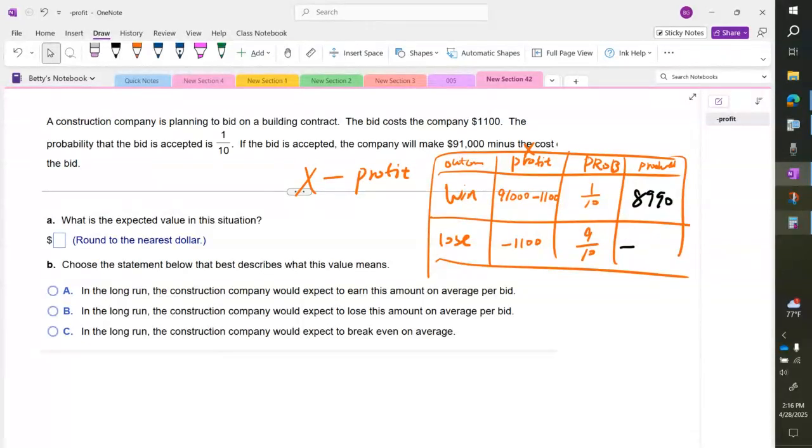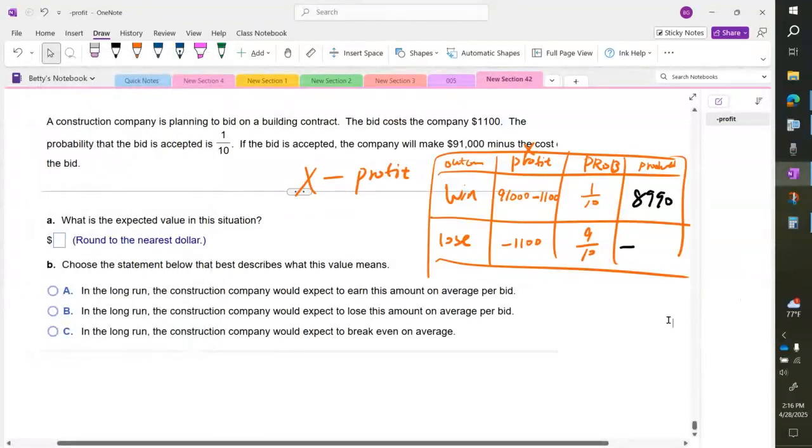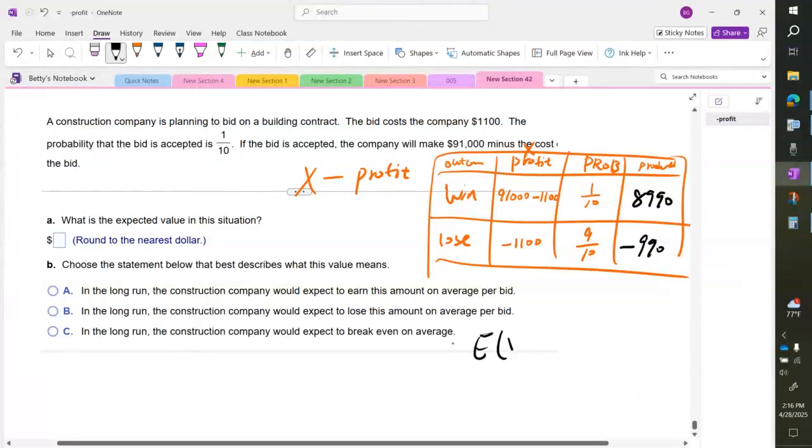And for the second row, the losing case, the product definitely is negative. So I put a negative here. And the absolute value, 1,100 times 9/10. 9/10 is 0.9. 990. Negative 990. You won't forget because you already have a negative sign there, right? And the expected value would be the 2 numbers added together.